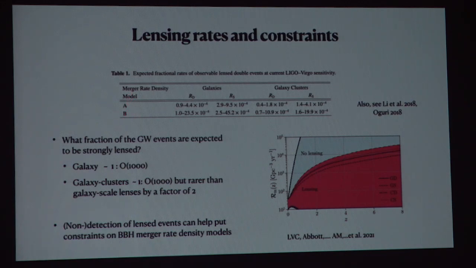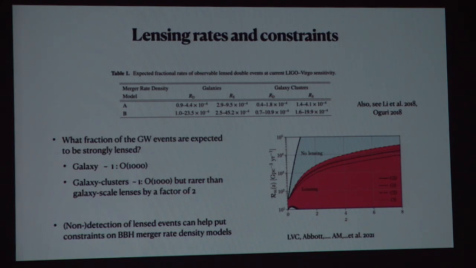Here this includes different models for the merger rate densities of these binary sources, because right now there is quite a bit of uncertainty in the knowledge of these merger rate density models. So we have explored different models and predicted what the lensing rates are going to be like.